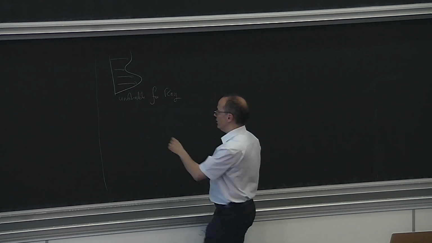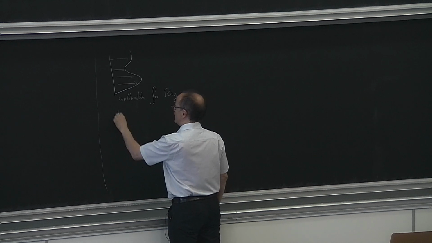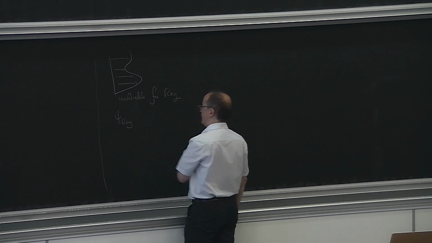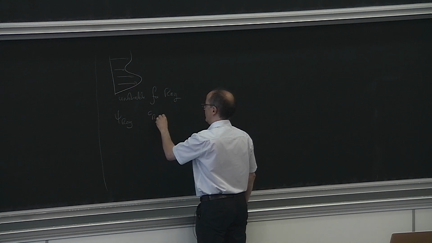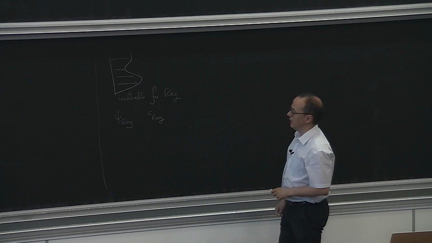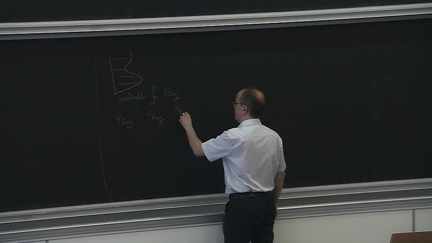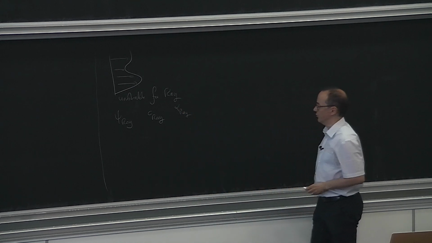And then you have a growing mode, which is psi of Rayleigh, growing with some C of Rayleigh. And of course, you have some alpha. For some value of alpha, you have an unstable one.